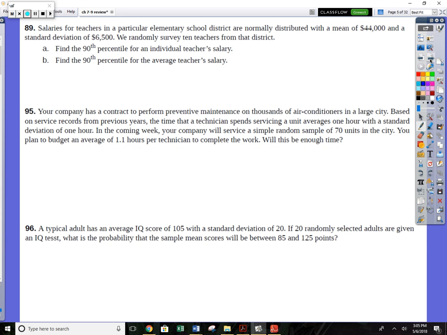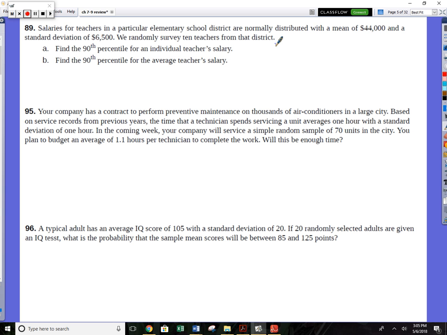89. Salaries for teachers in a particular elementary school district are normally distributed with a mean of 44 grand and a standard deviation of 6,500. We randomly surveyed 10 teachers from that district. Okay, there's a huge difference between A and B. A, you need to find the 90th percentile for an individual teacher's salary.